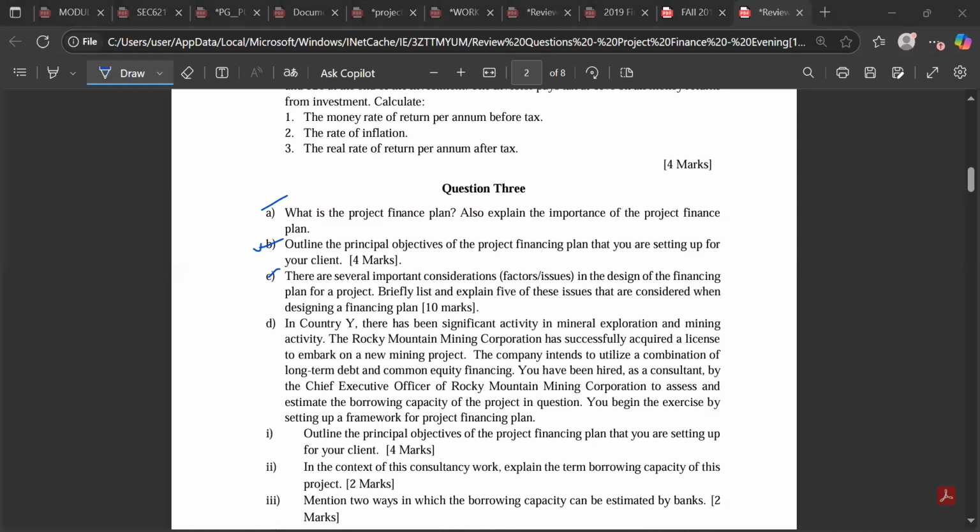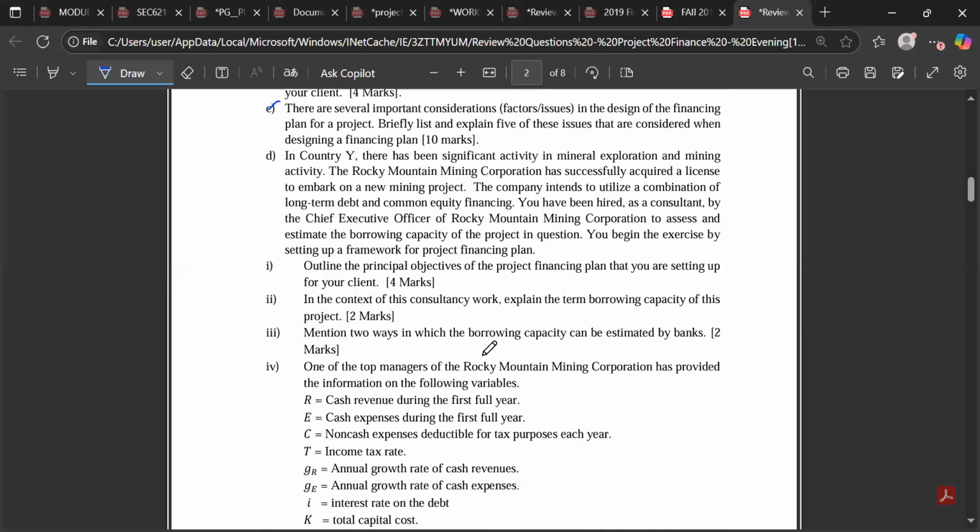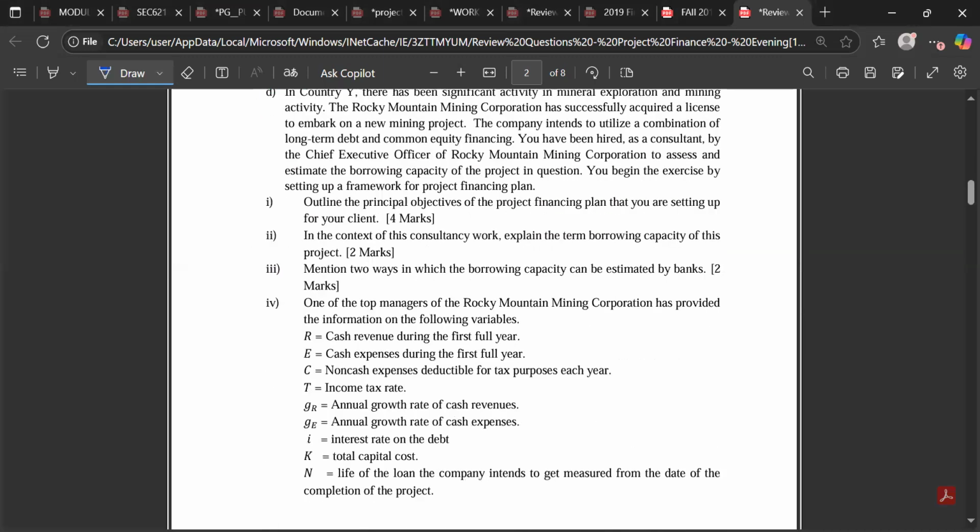This one is just in the form of a case study. So what are you trying to do for your client in this case? We align the objectives to the mining project. First, we're trying to mobilize funding to launch the project. Second, we're trying to minimize financial risk exposure to the parent company by ring-fencing liabilities with the SPVs.